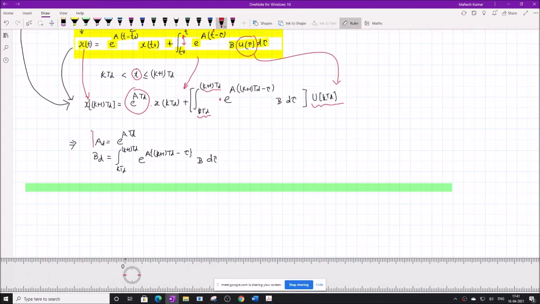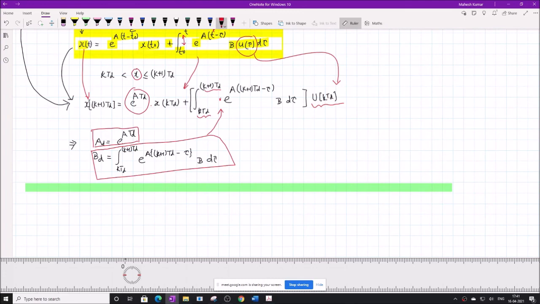AD is e to the power A TD and BD is this whole integration from k TD to k plus 1 TD of exponential A into k plus 1 TD minus tau, B. So this is the equivalence of the discrete AD and BD in terms of A and B.